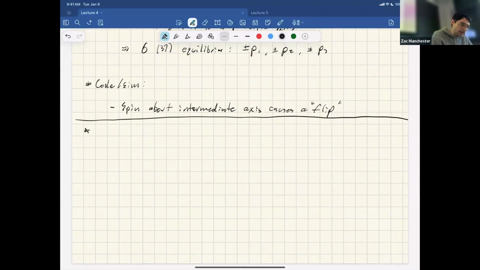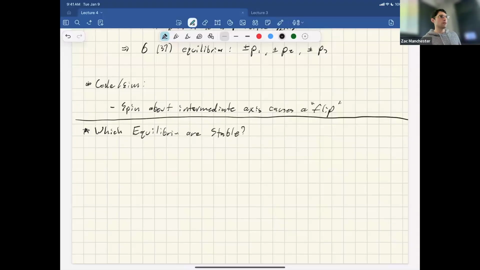So what we're going to look at now is which of these is stable. And we already kind of know the answer from the simulation. And now we're going to try to explain why. So who's done basic stability analysis before and thought about checking stability of dynamics?